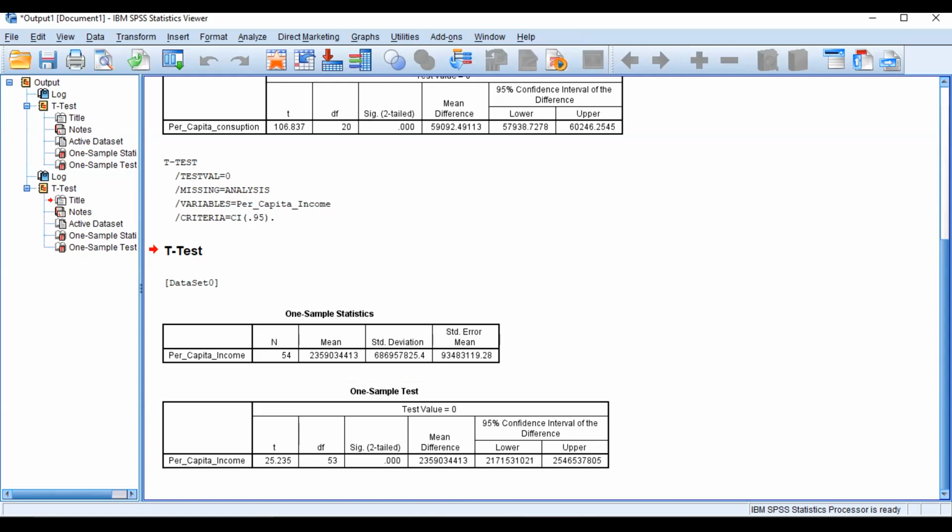You should take another example in one sample t-test, related to blood pressure.